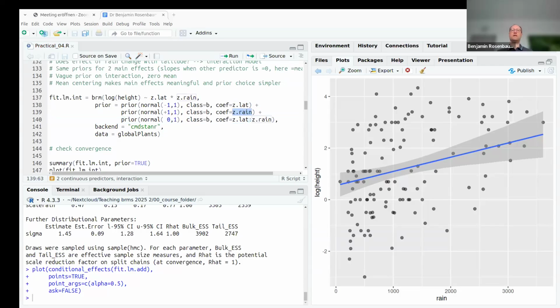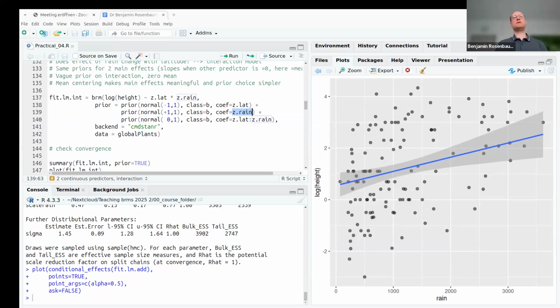Because if the predictors aren't scaled and you have an interaction, I have no idea how to choose good priors for the main effects. The main effect of one predictor is the slope when the other predictor is 0, right? And this could be far outside of your actual data. So I often wouldn't know how to specify a good prior there.